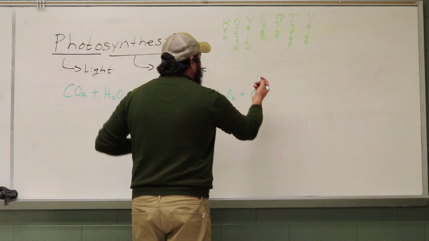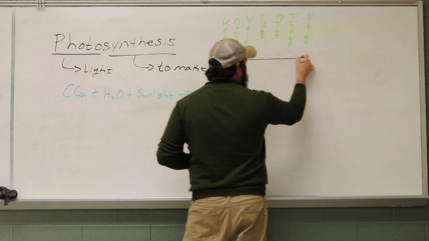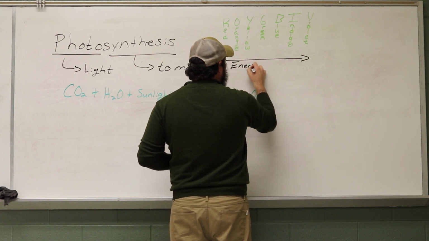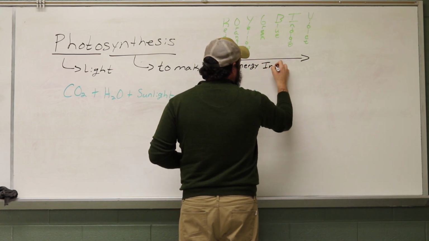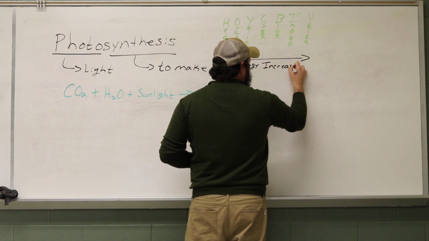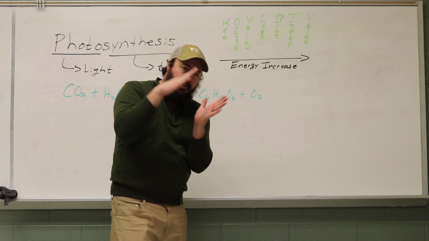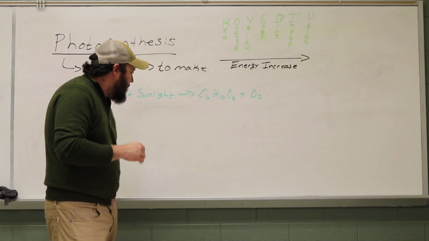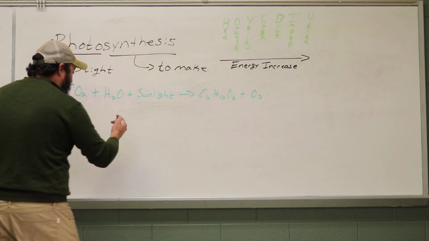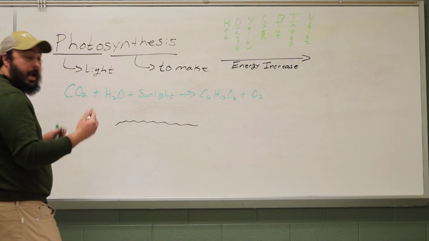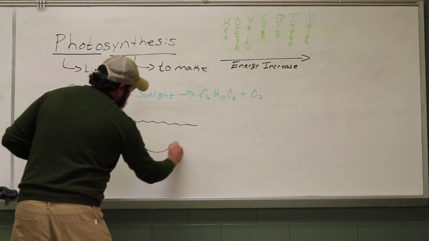Energy increases as we move in this direction. And that is because violet has a very, very small wavelength. So what that means is violet would look something like this, whereas red would look something like this.